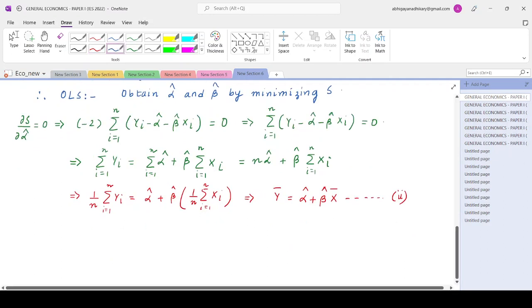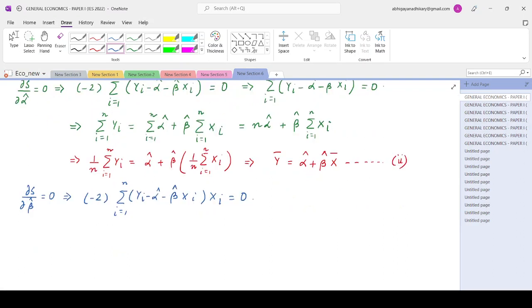And now continuing with differentiating partially with respect to beta hat. So this will give me minus 2 out, summation i running from 1 to n, yi minus alpha hat minus beta hat xi into xi is equal to 0.